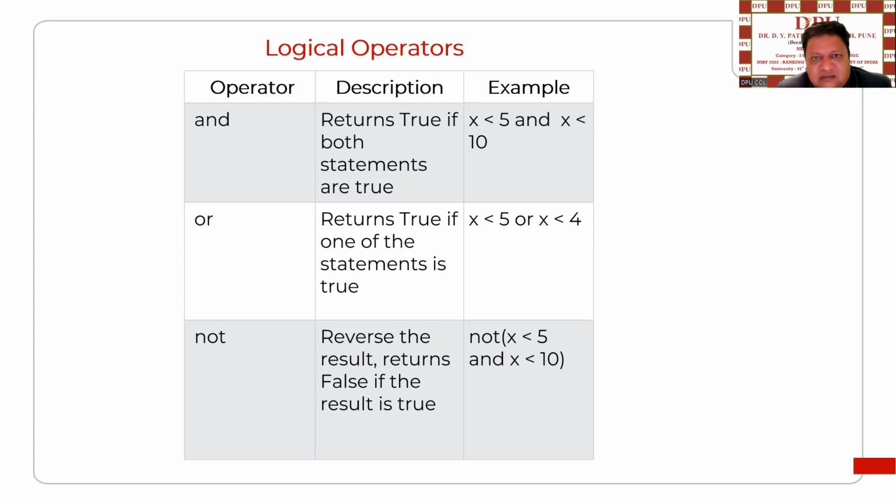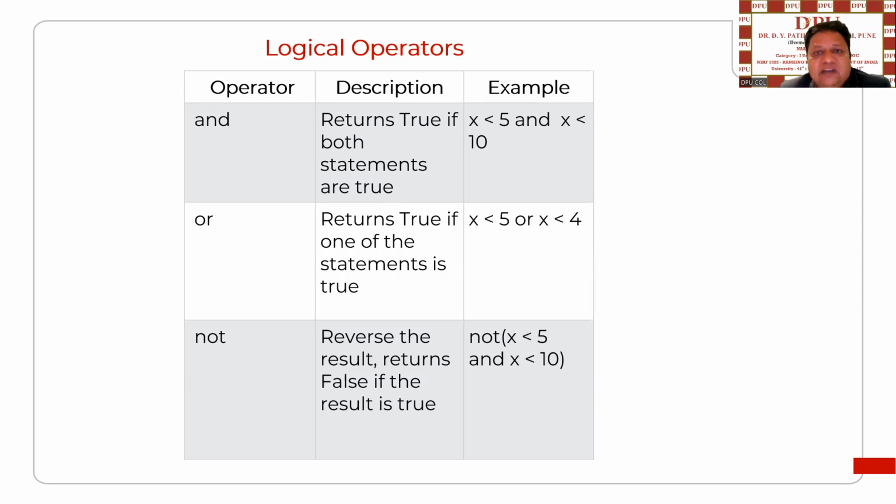That is for negation. Without using not also we can check the condition, but it is given, so we can make use of it. Means what? By using the not, we are checking that this condition should not be true.